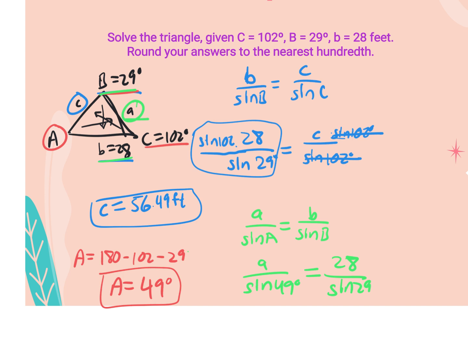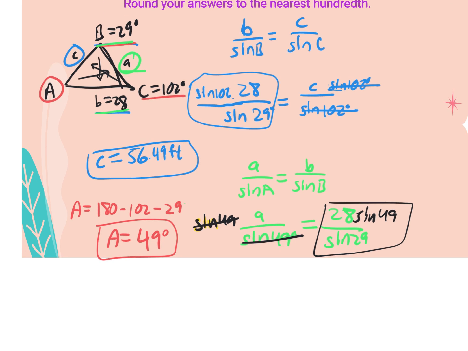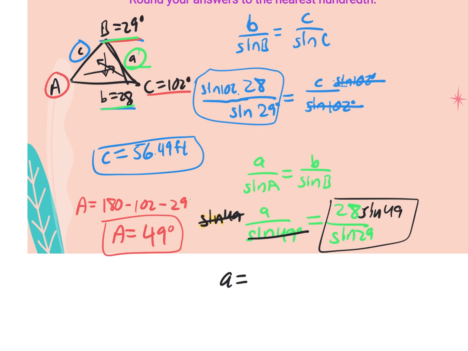And then to get your A by itself, I would multiply by sine of 49 on both sides. That cancels out sine of 49, and when you plug this into your calculator, it is going to get you your answer for A. Once again, be careful with your calculator.